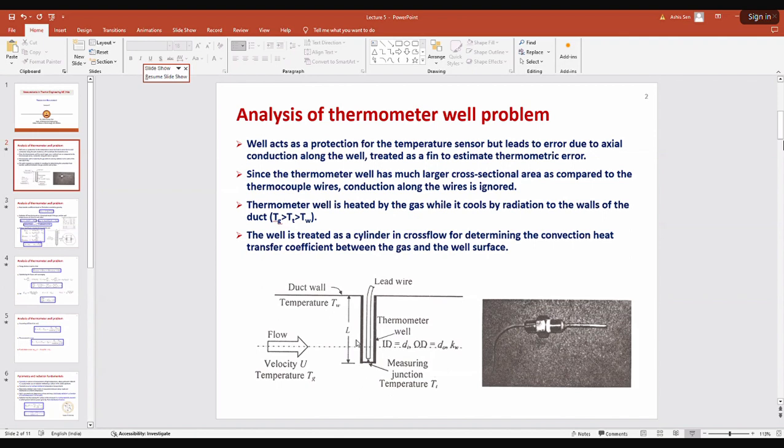So this way you are isolating the duct wall from the thermocouple, getting a good response from the fluid. The tube wall itself will be very thick, so whatever heat exchange is happening quickly goes in this direction. The response will not be that strong as opposed to this.